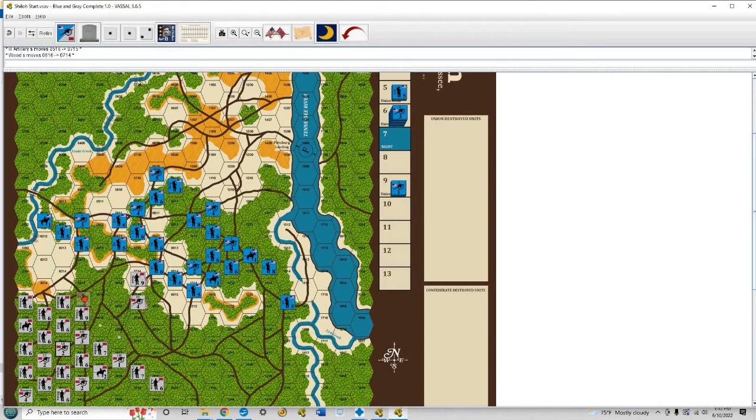Let's see. We're going to move this guy to position here first. So these guys will get to go. We'll move this cannon up here. Let's see, where was he started at?